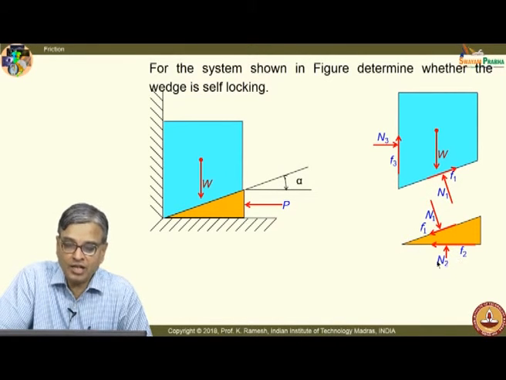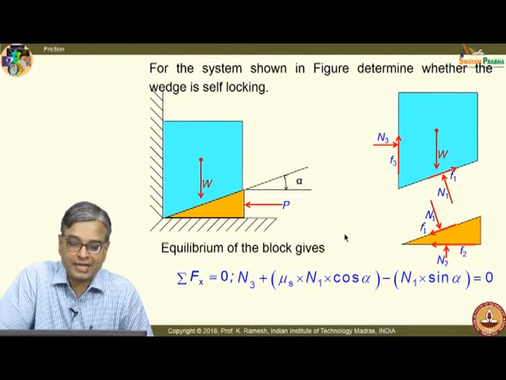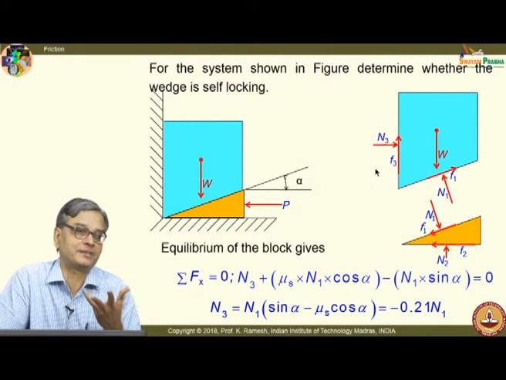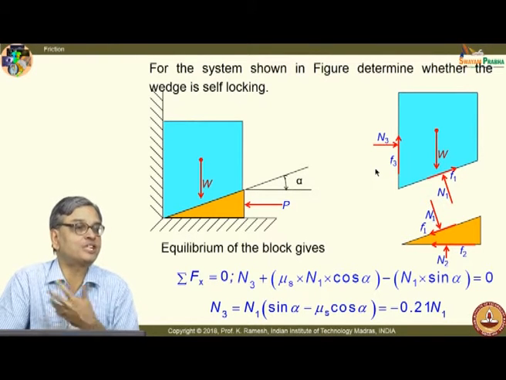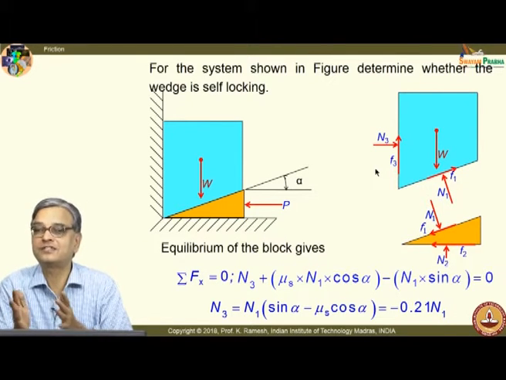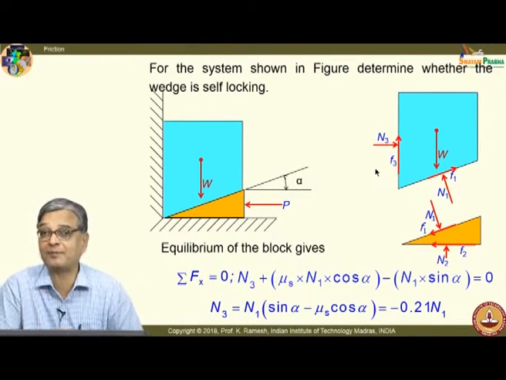When I solve this problem in this fashion, I get the value of N3 as minus 0.21 times N1. That means I have assumed it like this, and I am getting this opposite, which is not possible. So, that means motion is not impending and the wedge is self-locked. You need that self-locking as a desirable property.